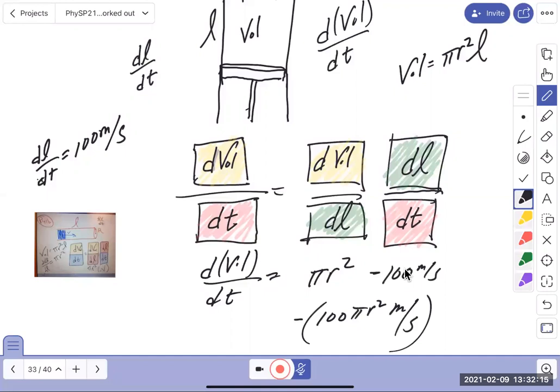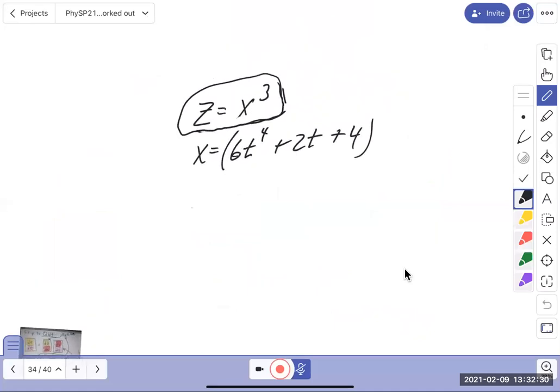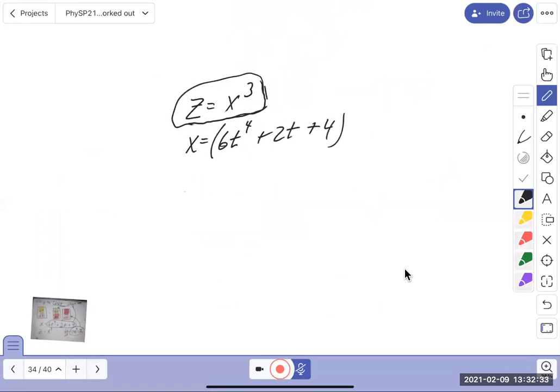Okay. Another example of needing chain rule to work as a mechanical engineer. You kind of have to know chain rule. Now let's go to more of a standard calculus math problem. Let's say I have a suitcase problem where I'm trying to find dz/dt for some function z.